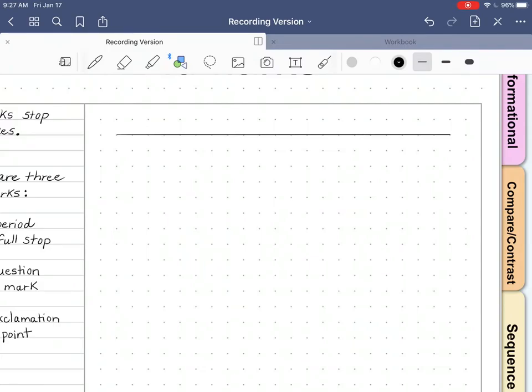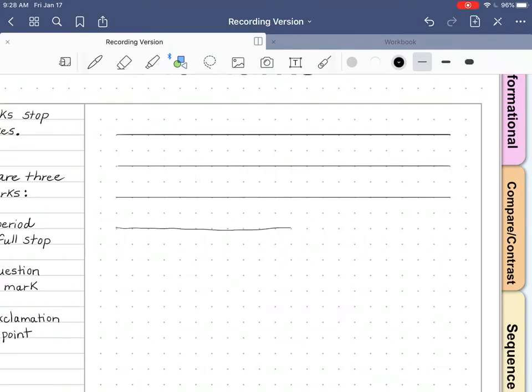It doesn't have to be perfect. Okay? Go down 2 rows, draw another one. We're just making some lines here. Down 2 rows, draw another one. Down 2 rows, draw another one. And down 2 rows, draw the last one.